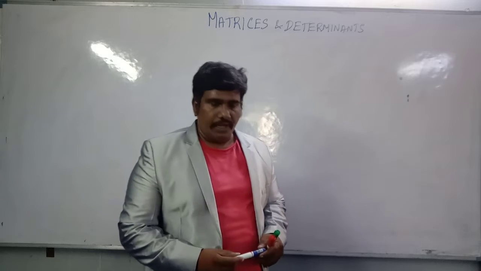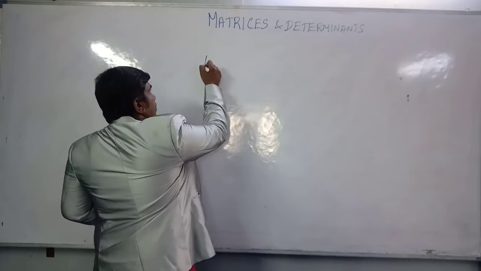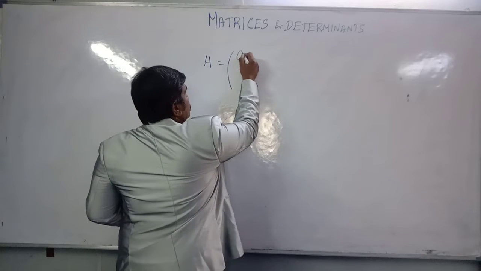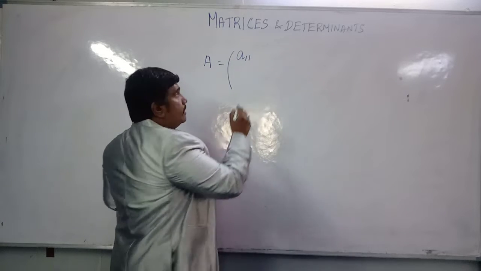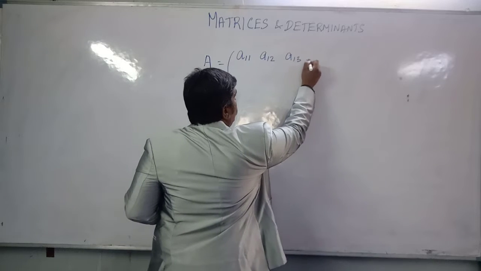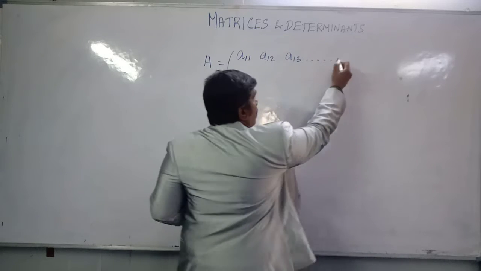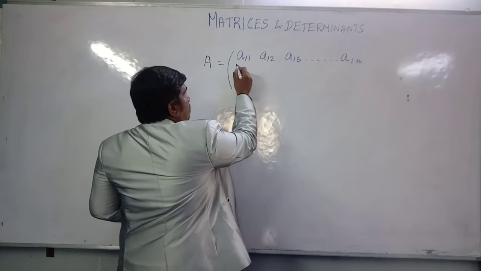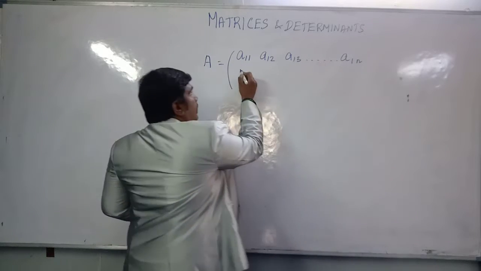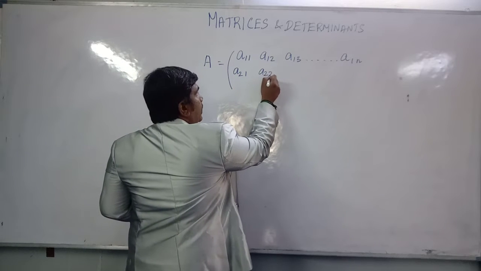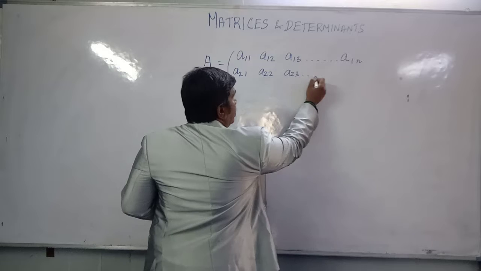a two-dimensional array. For example, if we say A is a matrix, I can arrange the elements in rows like A11, A12, A13, etc. up to A1n, and this is going to be the first row, and the second row is going to be A21, A22, A23, like that.